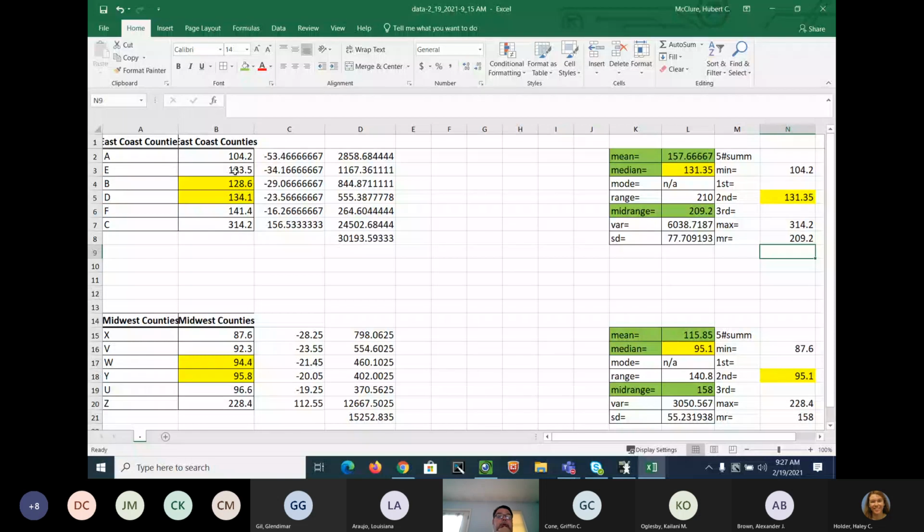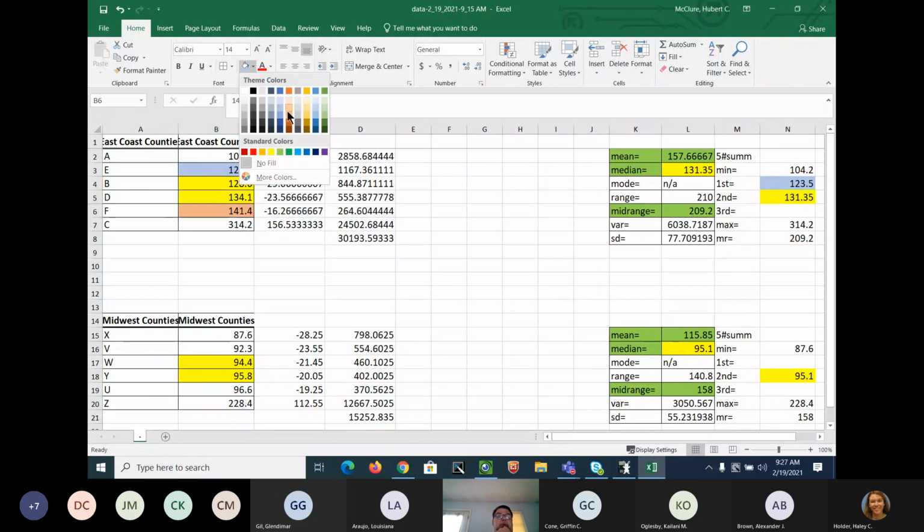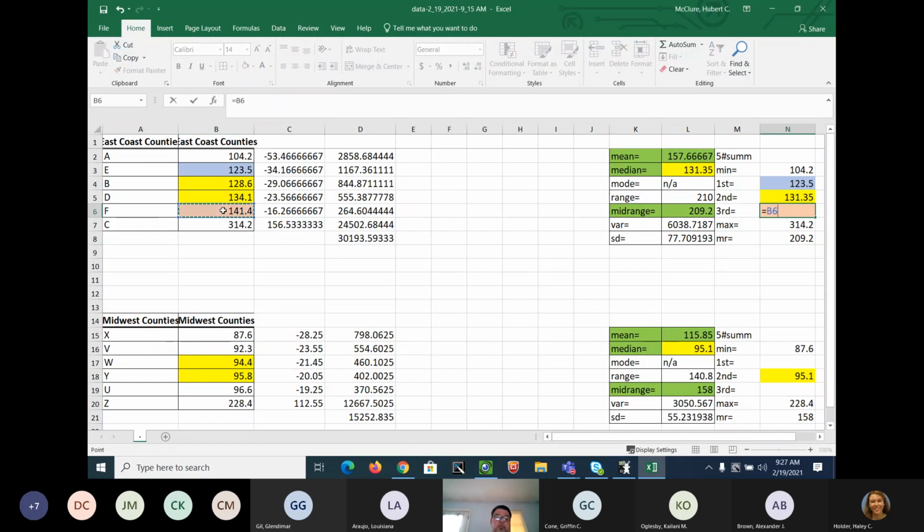So I'm going to color that blue, and it's equal to that number. Same thing with the bottom. 3 numbers on the bottom. That right there is your third quartile. So we've done everything we need to do here. So now let's go down here and do the same thing. That one's blue.